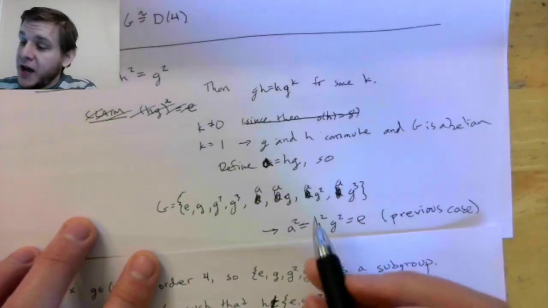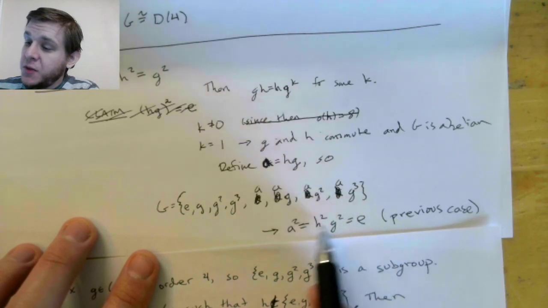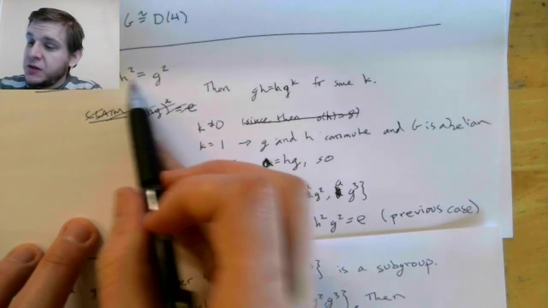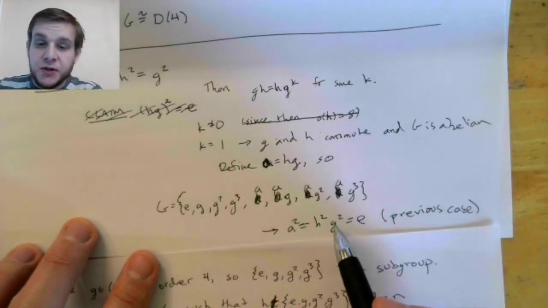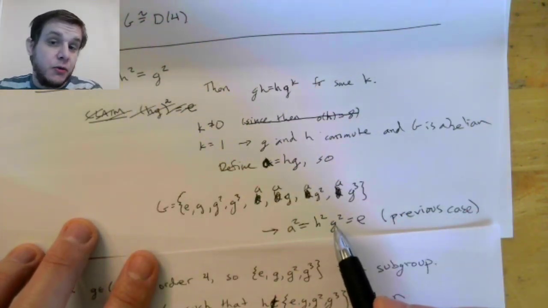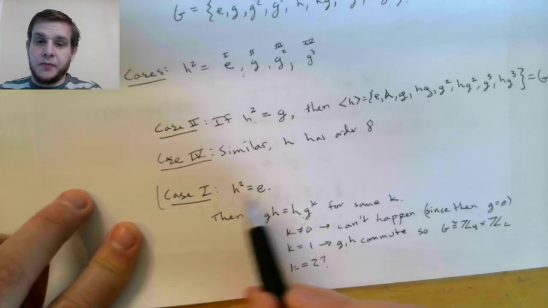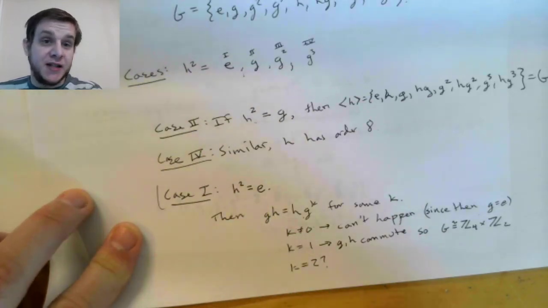And when I square A, since G and H commute, A squared is H squared times G squared. But if H squared is equal to G squared, then this is G squared times G squared, and G has order 4. So A squared is equal to the identity, and I'm back in case 1, if I were to choose A instead of H.